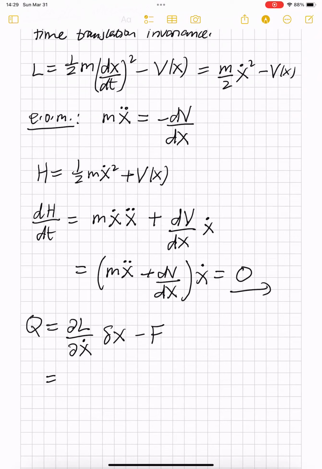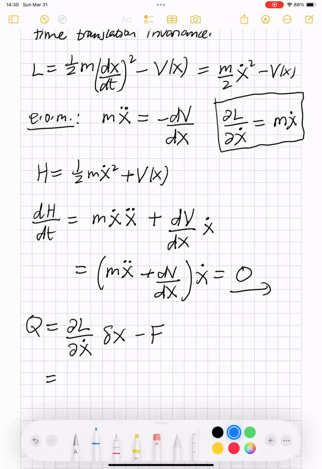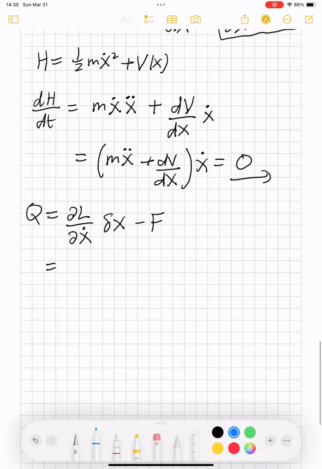So if we work out what is dL/dx dot, well, we don't hit the V of x term because remember we treat x and x dot as independent variables. But when we hit the m over 2 x dot squared term, we'll end up getting just m x dot. So that's great. We know what dL/dx dot is. dL/dx dot is just m x dot.